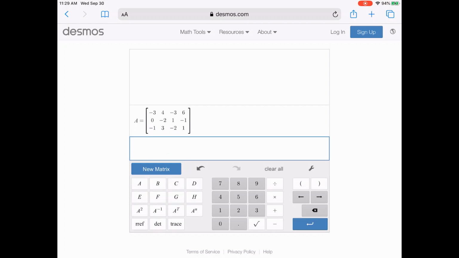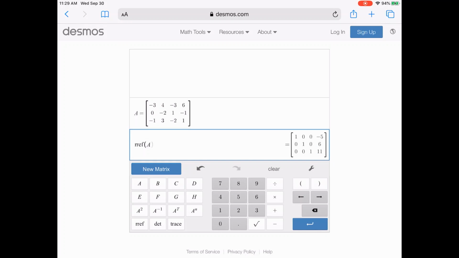Hit enter. Click RREF and type the letter of the matrix that you used. On the right-hand side, you see your solution matrix.